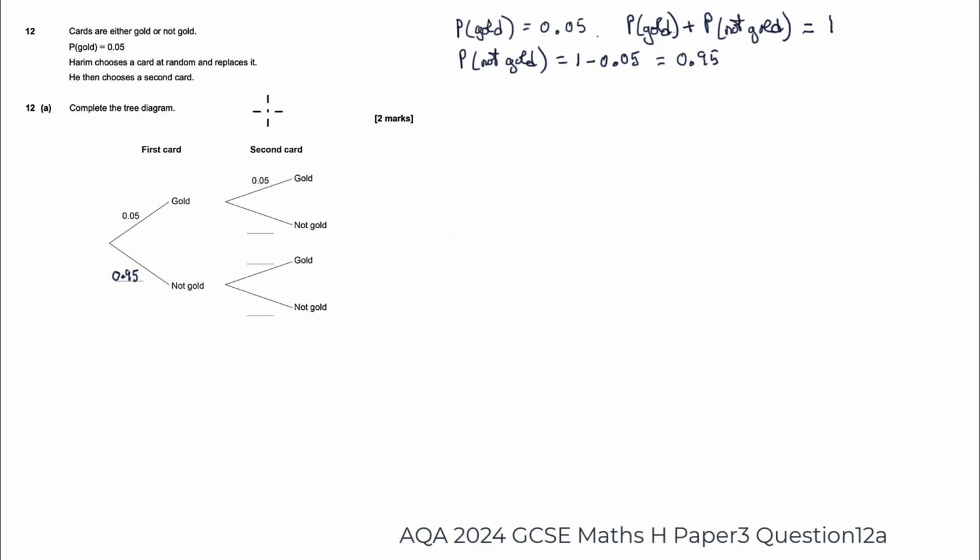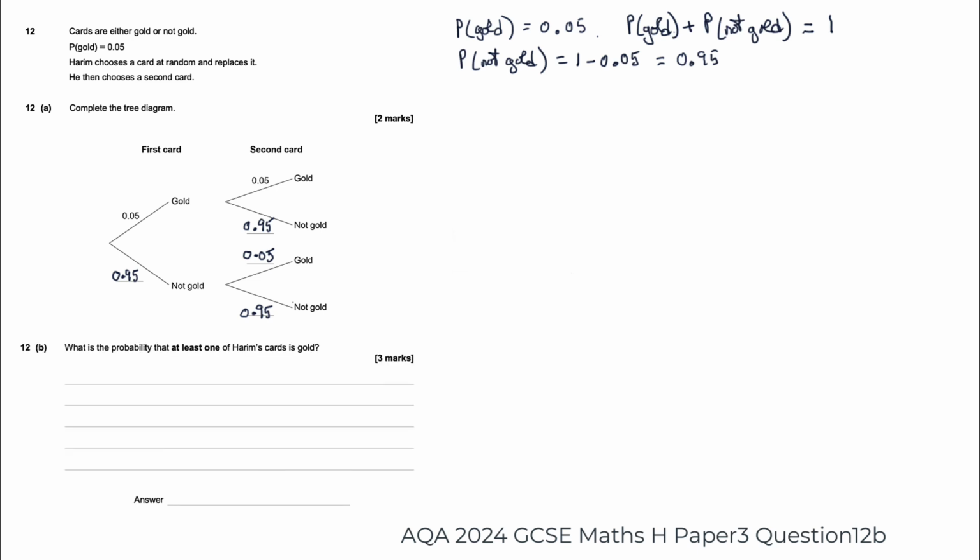Now, he's got exactly the same pack of cards as he had before. So, choosing a gold, he'll still have a probability of 0.05. Doesn't matter whether he got a gold or not gold, because he replaced whatever it was into the pack. Again, in the second card, probability of a not gold card would be what we've calculated up here, 0.95. So there's the completed tree diagram.